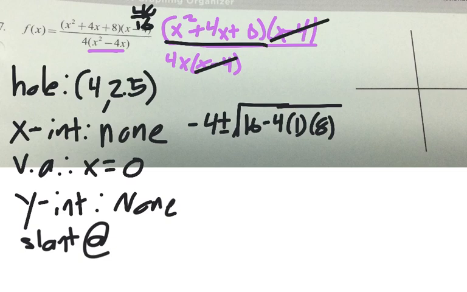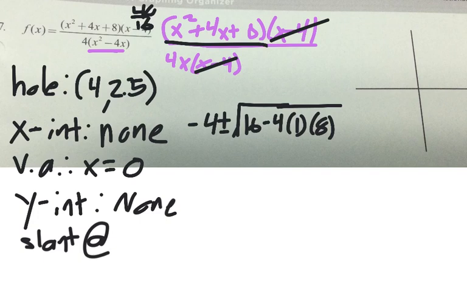So what I'm doing is distributing x squared plus 4x plus 8 times x minus 4 in the numerator. That's going to give me x cubed minus 4x squared plus 4x squared minus 16x plus 8x minus 32. Then I'm combining my like terms.